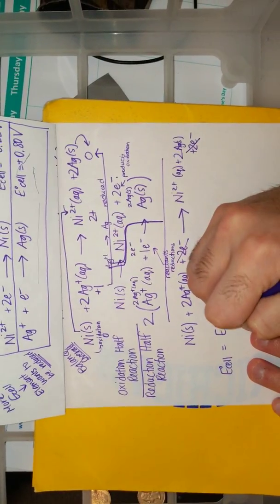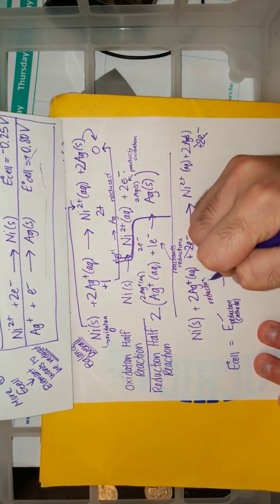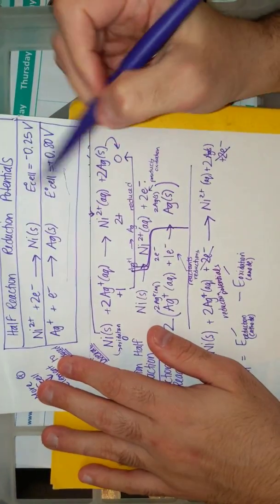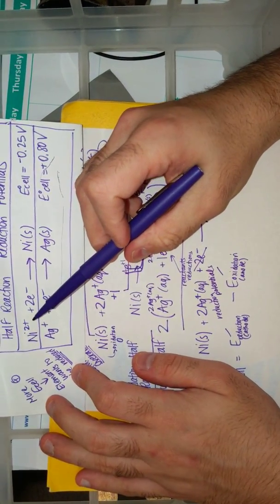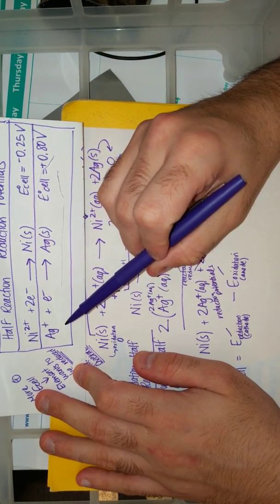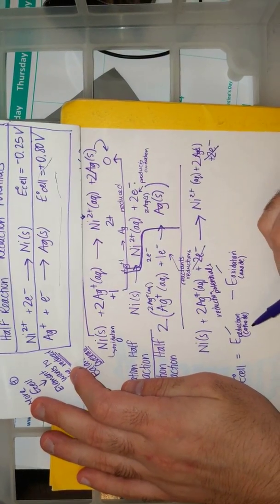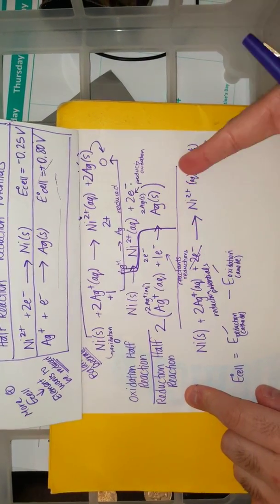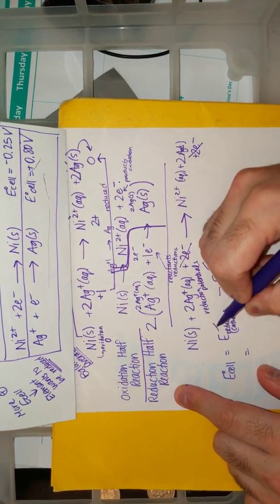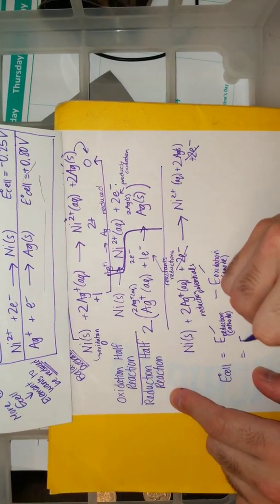And these E's that we get, these are the reduction potentials given to you in the table. So look, I have my reduction potentials up here. My reduction potential of nickel is negative 0.25. My reduction potential of silver is 0.8. Now, my species that's being reduced is my silver. So my E of reduction, or whatever's happening at the cathode, is going to be the silver.